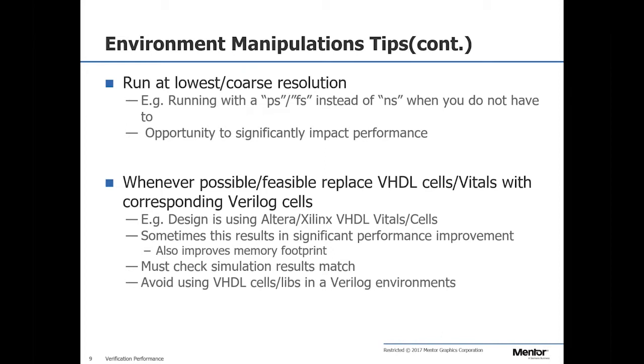So set it as coarse as possible, but you also need to be aware that if you're using things like the Xilinx DCMs, they require, I think, at least 10 picosecond resolution. So you just need to find that spot where you've got as coarse a resolution as possible, but you're not too coarse and getting rounding errors on some of your things.